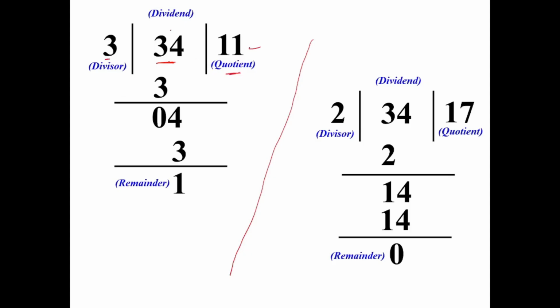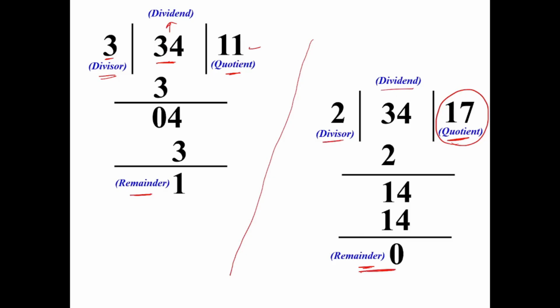Here 34 is called your dividend, 3 is your divisor and the remainder we get is 1. Now if 34 is divided by 2, we get the remainder 0 and the quotient is 17. Just remember, this is your quotient and this is your remainder. This is your divisor and this is your dividend.